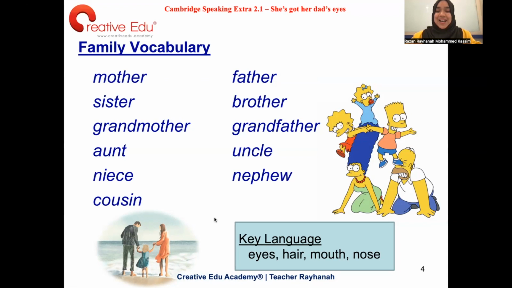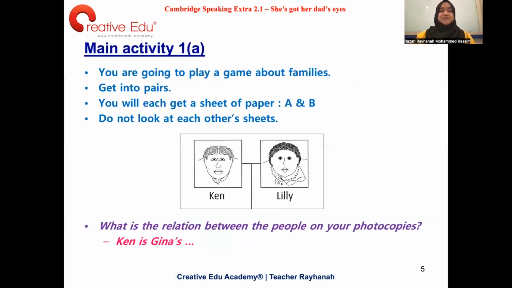Good job. Okay, so now let's look at this box right here. It's the key language. Eyes, hair, mouth, nose. Good job. Okay, moving on.